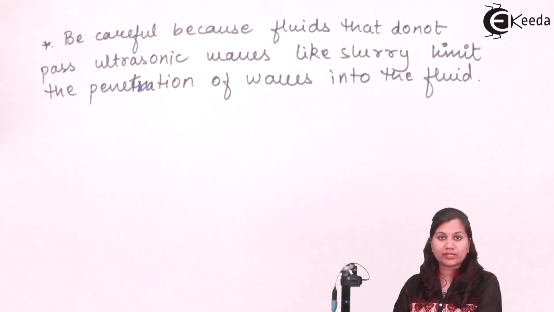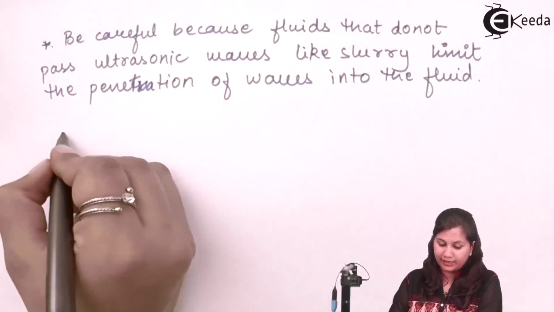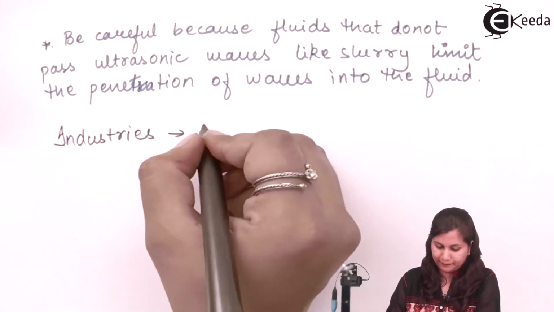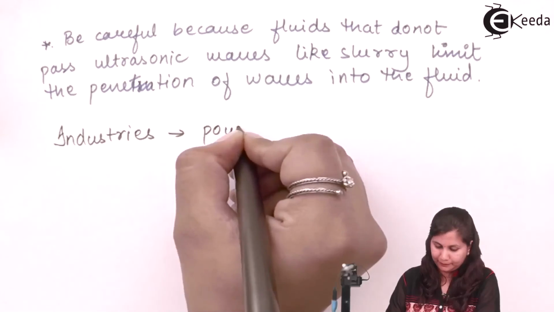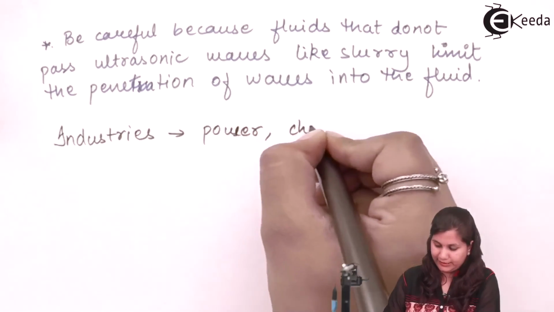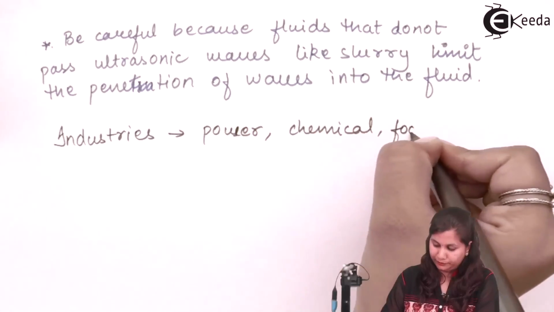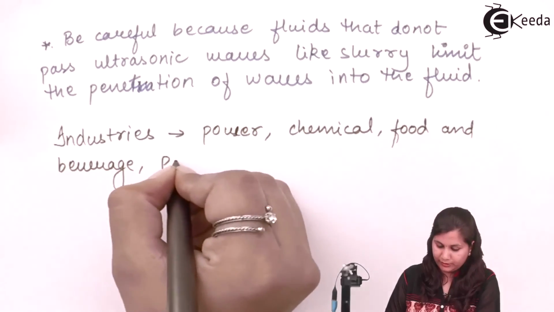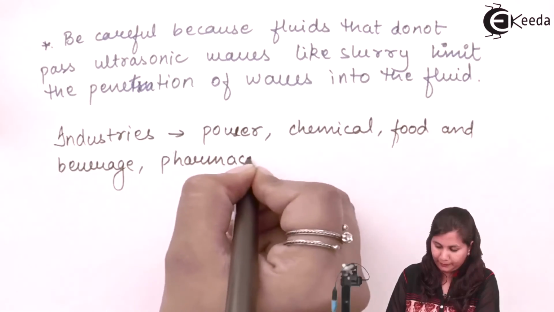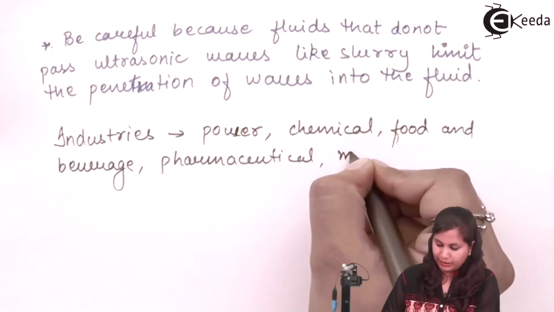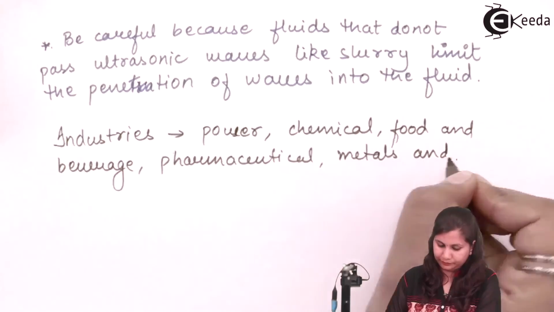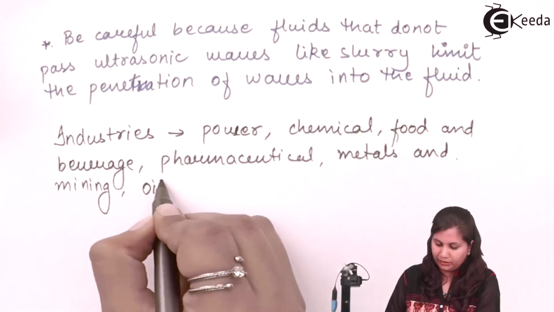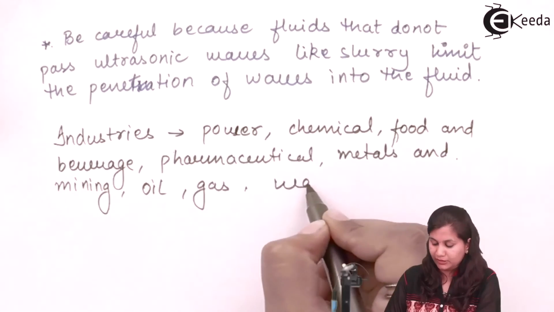If we talk about the industries where the ultrasonic flow meters are used, then industries like power industries, chemical industries, food and beverage, pharmaceutical, metals and mining, oil, gas, water and wastewater.